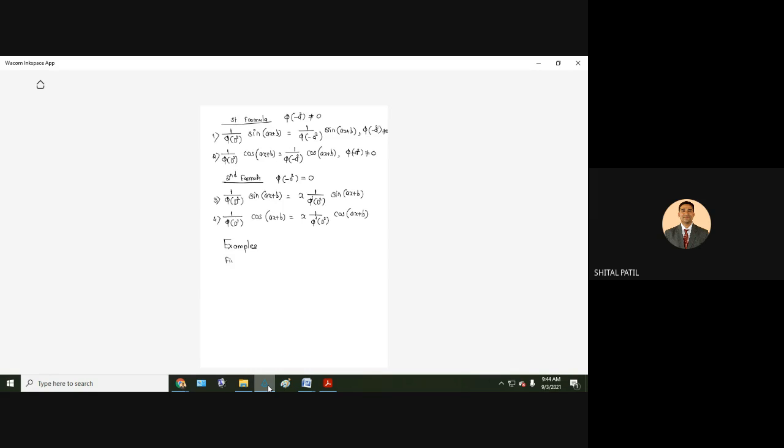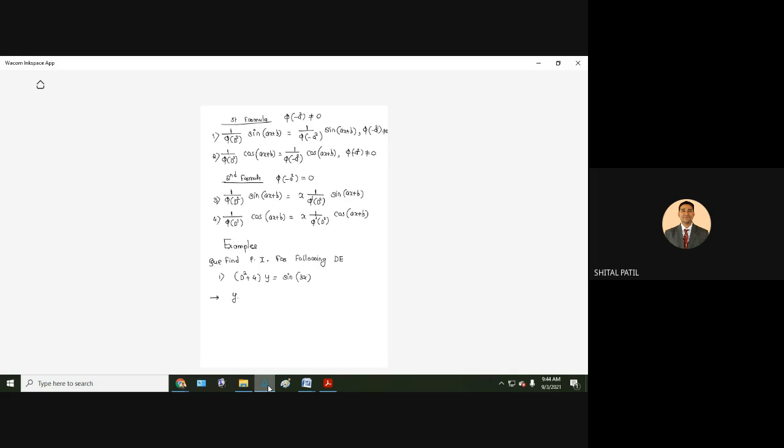Find particular integral for the following differential equation: D square plus 4 y equal to sine of 3x.